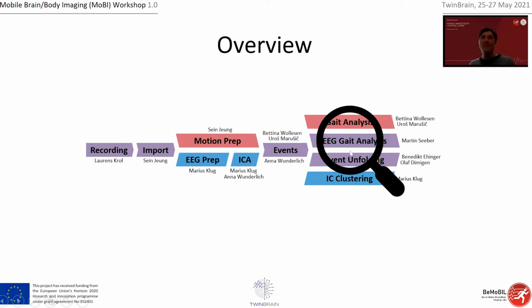So I'm in the happy position that I'm able to use the previous results already. I have some very nice data because the hardest job is already done, meaning synchronizing motion tracking plus EEG and pre-processing them in a way that they are synchronous.